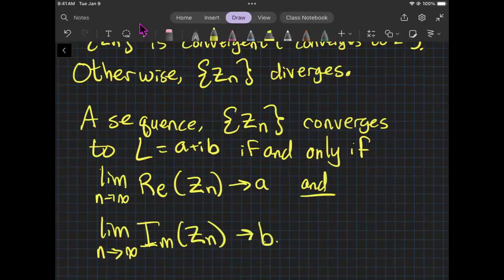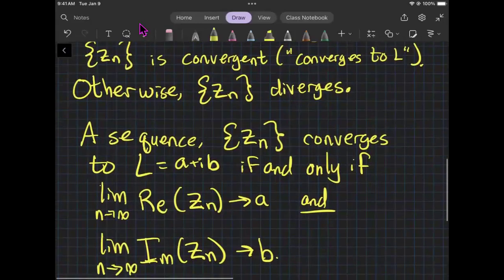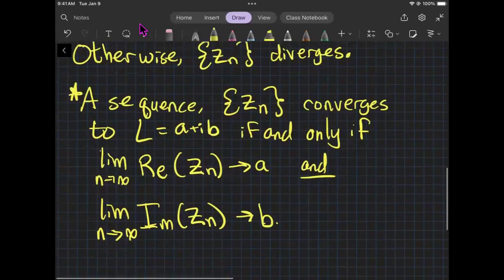So that's just another test to show that a sequence converges.